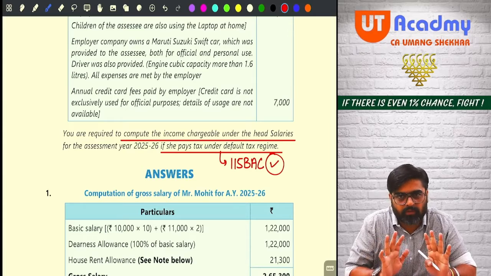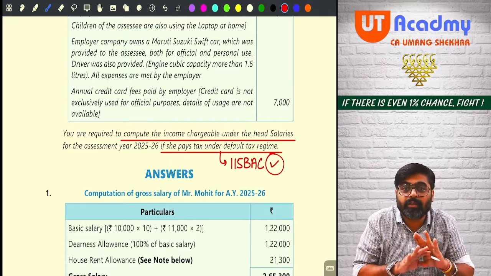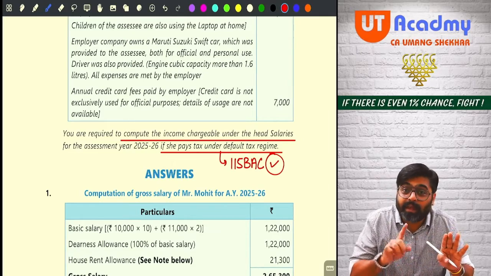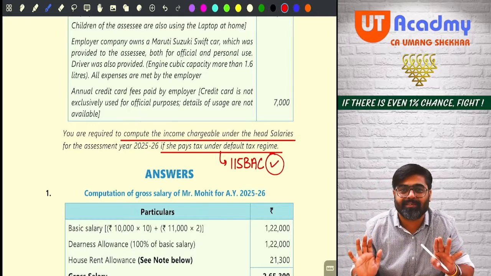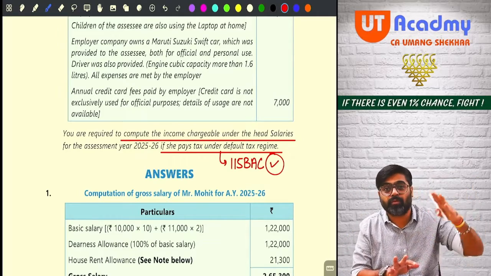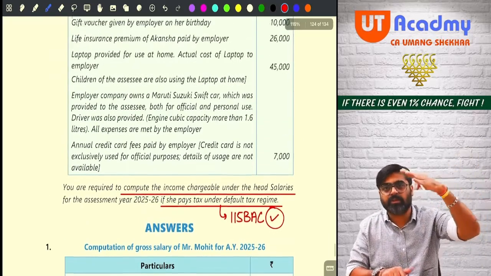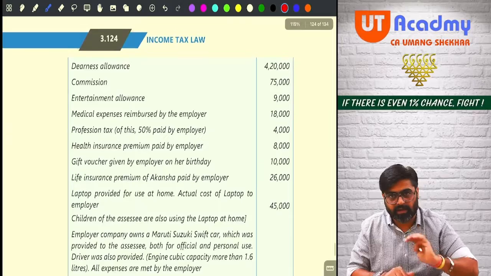Today, after solving this question at home, assume that 115BAC is not followed, and then see what the changes are. But right now we are solving as if she is following 115BAC.